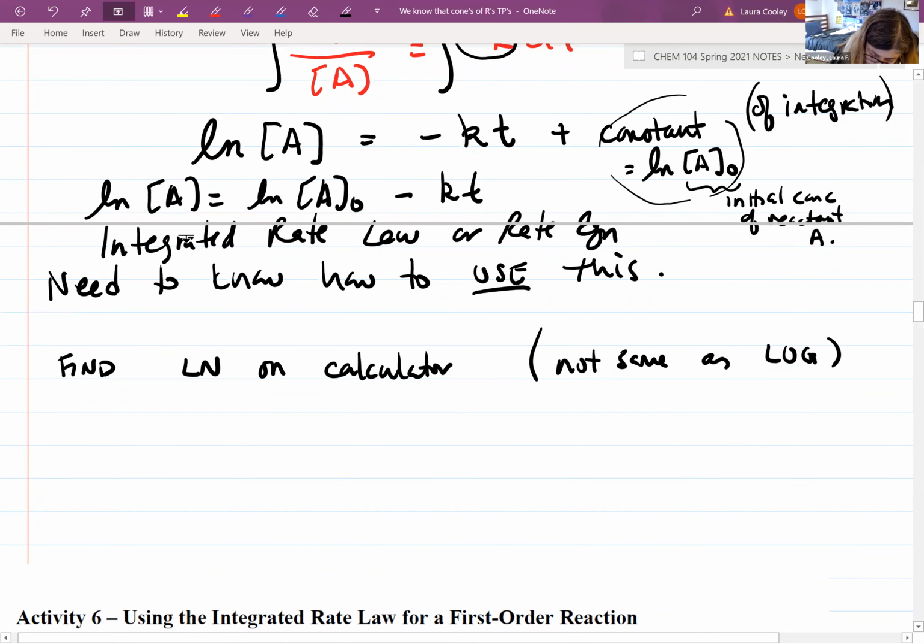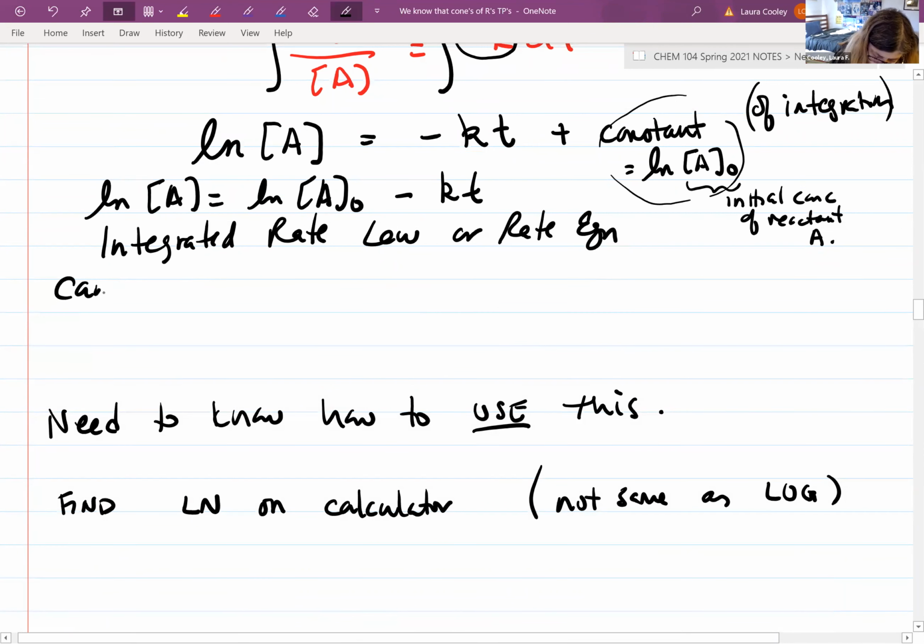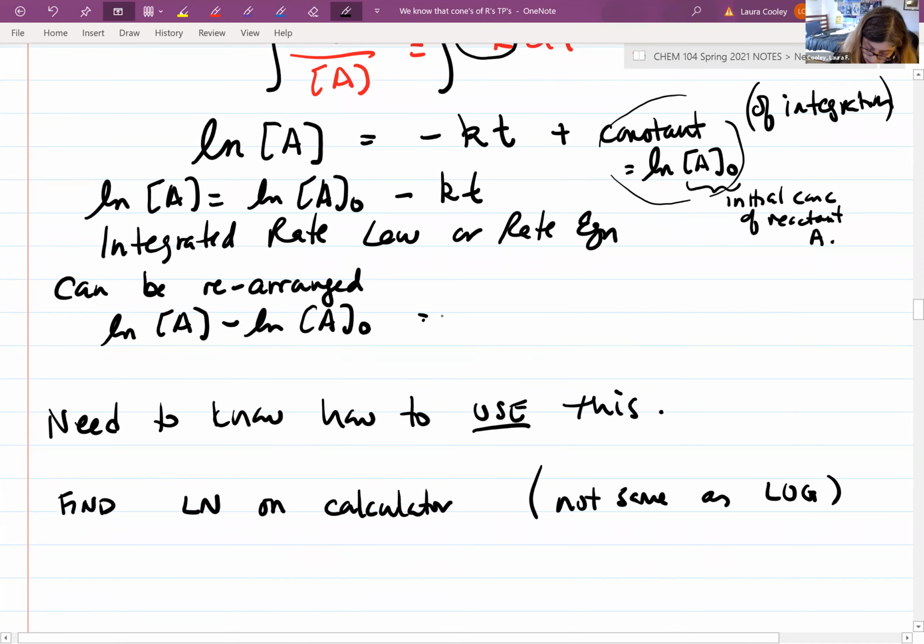I also want to show you how this equation can be rearranged. If you put all the logs on one side, the log of the concentration of reactant A minus the log of A0 equals minus kt. And if you remember from other courses, the natural log is a log, so the natural log of A minus the natural log of B is the natural log of A divided by B. This is a rule of logarithms.